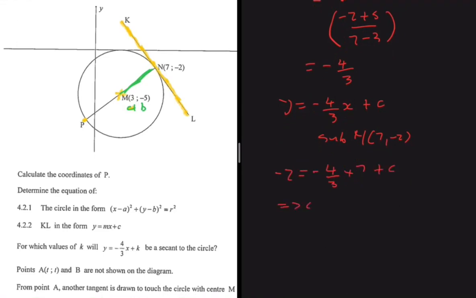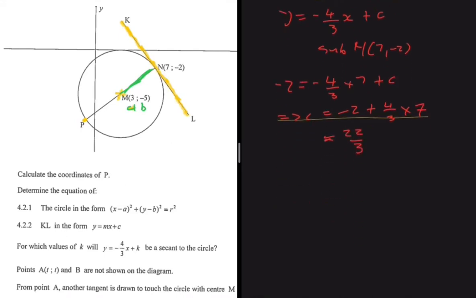So c should be equal to minus 2 plus 4 divided by 3 multiplied by 7, so c is 22 divided by 3, right? So y is equal to minus 4 divided by 3x plus 22 divided by 3.